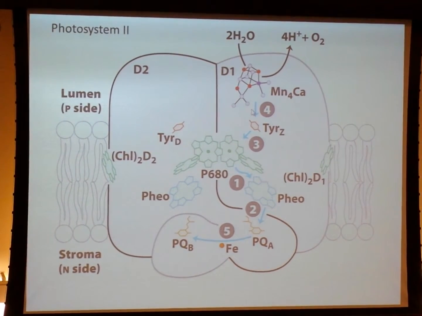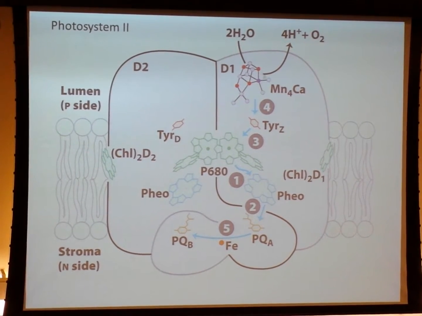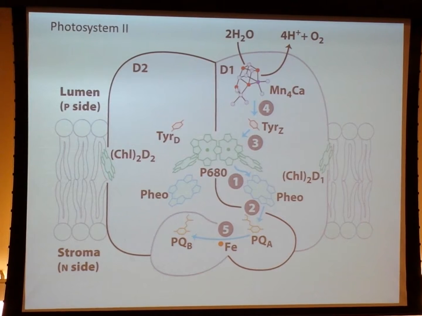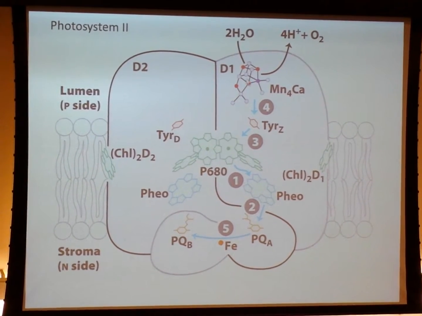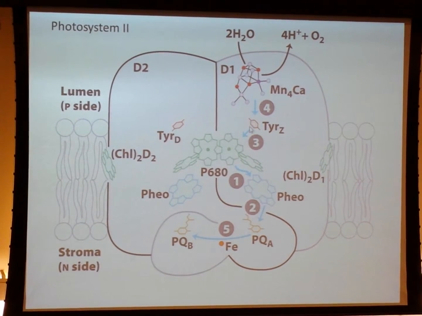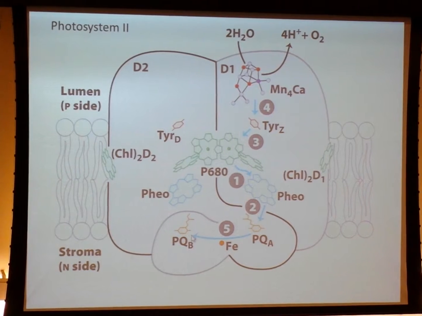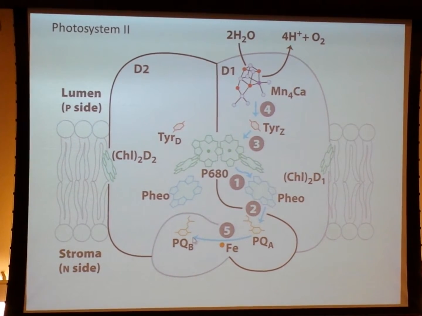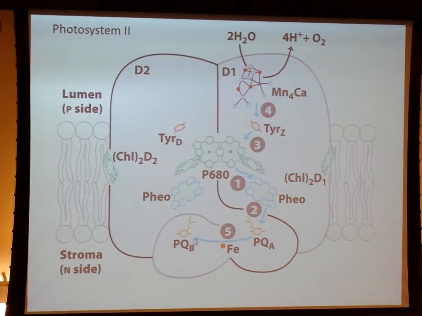The tyrosine is going to get that electron from this complex. How? We're not sure which manganese, or is it the oxygen atom? We don't know how this electron is transferred to this. And then, step 5, this thing is moving over to here. So imagine how hard it was to determine the sequence of events.